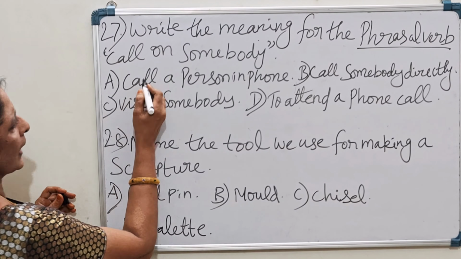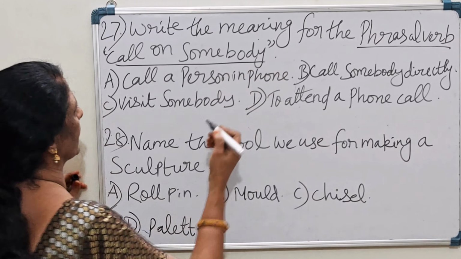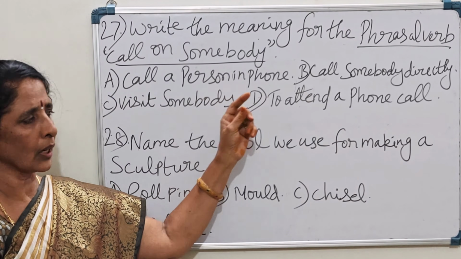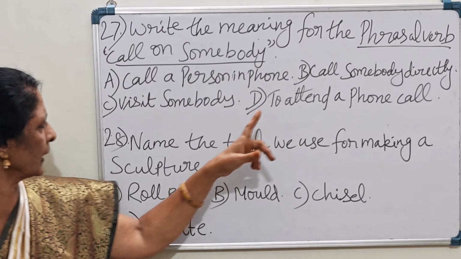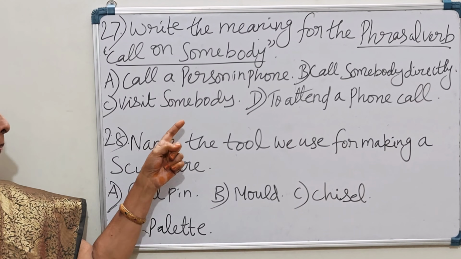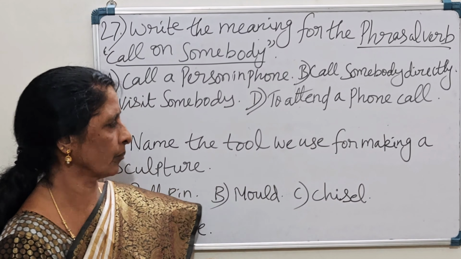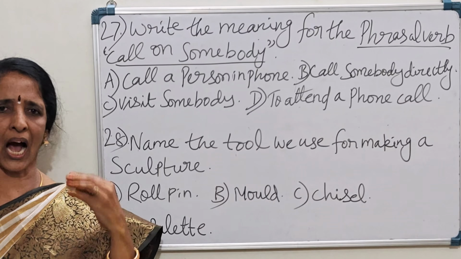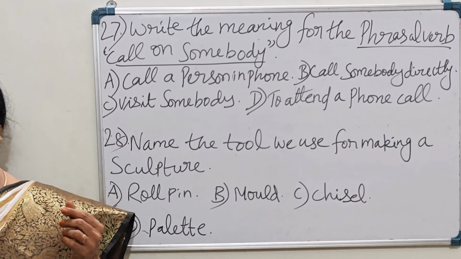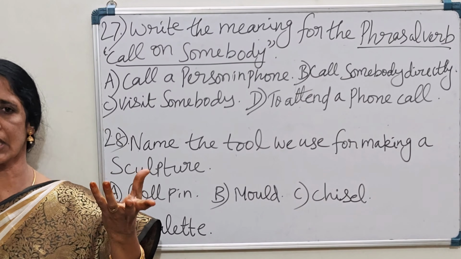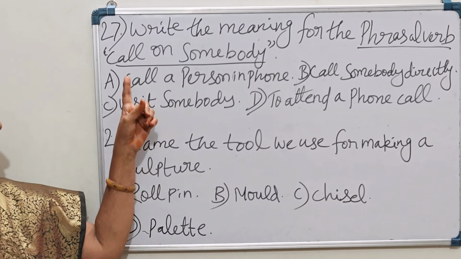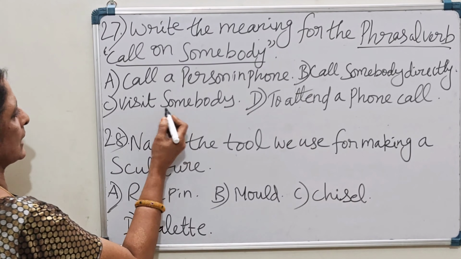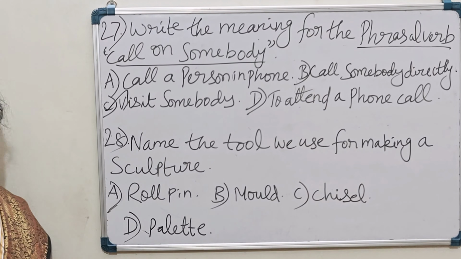Now we have to say the meaning for this. Call on somebody. Now options are A, call a person on phone, B, call somebody directly, C, visit somebody to attend a phone call. Okay, now what is meant by call on somebody? We can say ask someone to do something, or otherwise we can say to visit someone. That is the meaning for call on somebody. So option is C, visit somebody.